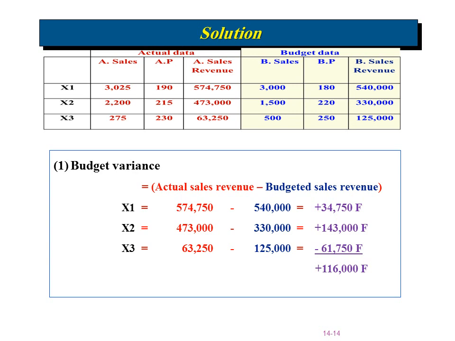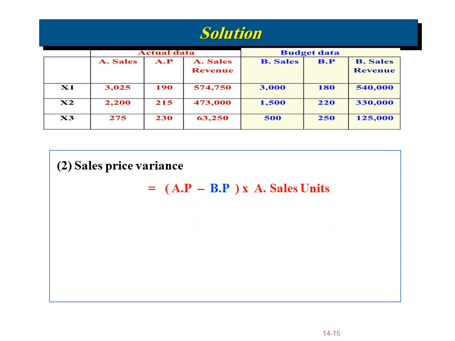Okay? The second level, we analyze this budget variance into 2 variances. If you remember, what is the second one? Yes, sales price.